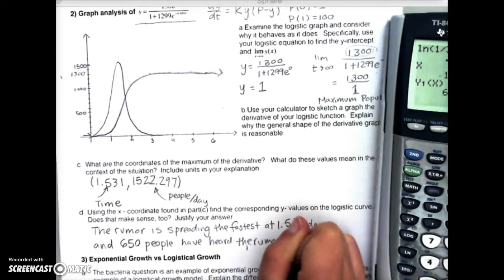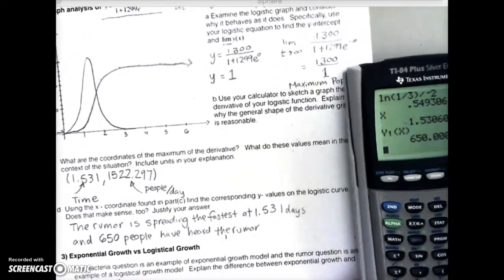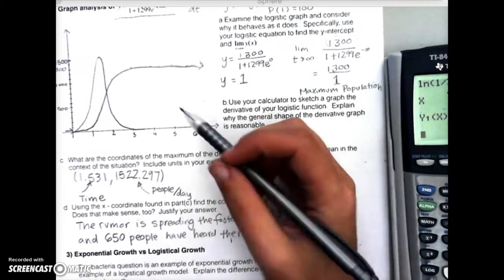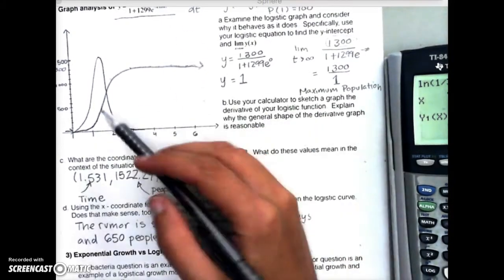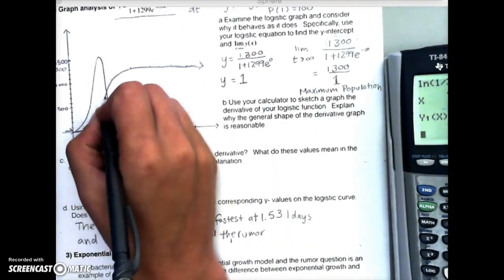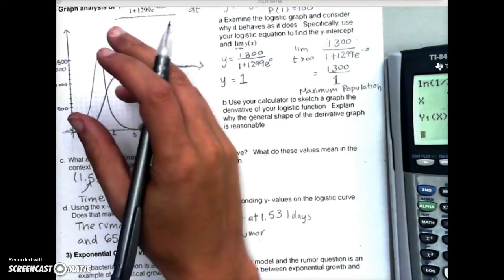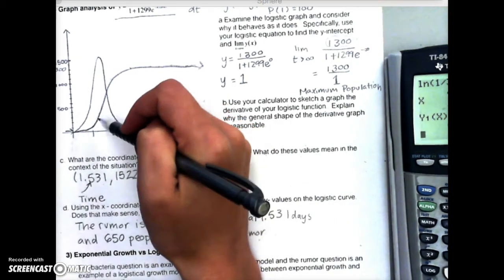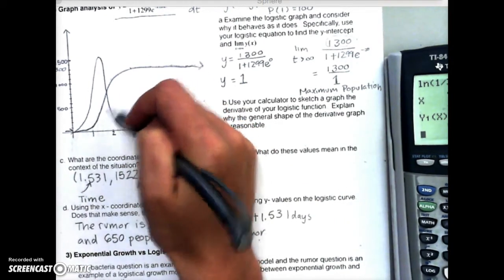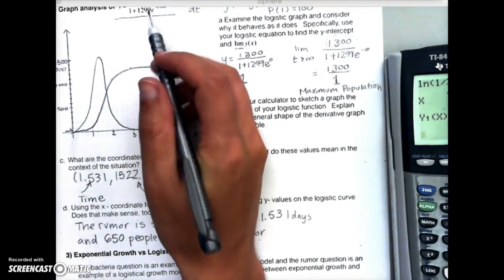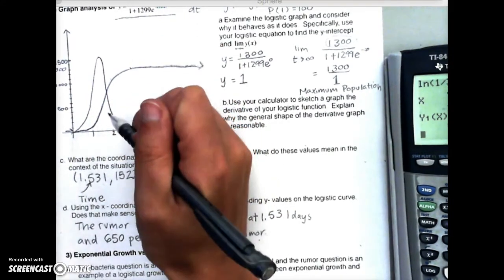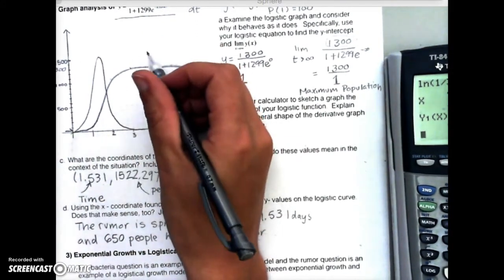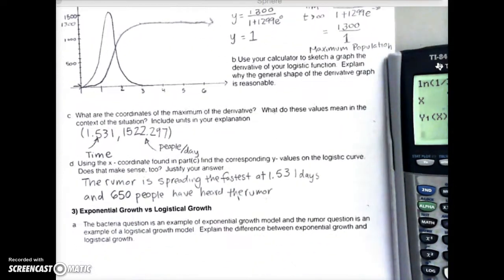Logically it makes sense that at the halfway point, when half of the people have heard it, it's spreading the fastest, because at that moment a considerable amount of people have heard the rumor, but the second half of the population hasn't. So there's a lot of people telling the rumor, and there's a lot of people who haven't heard it yet. So this is when it's moving the fastest.